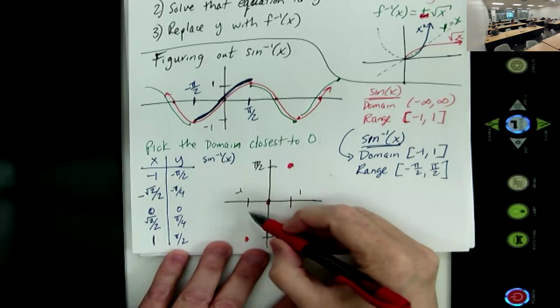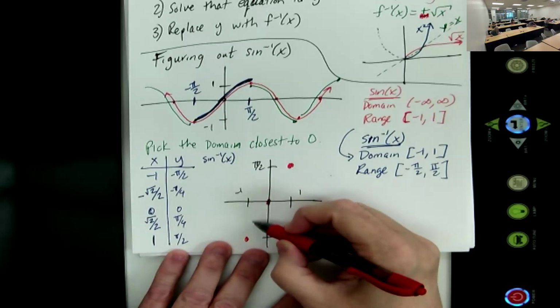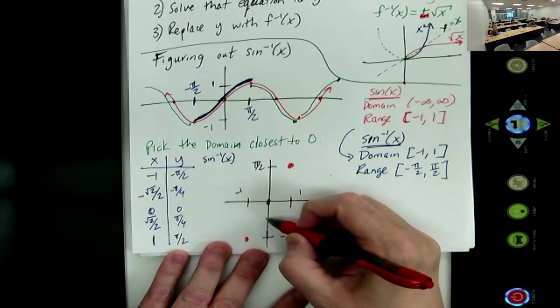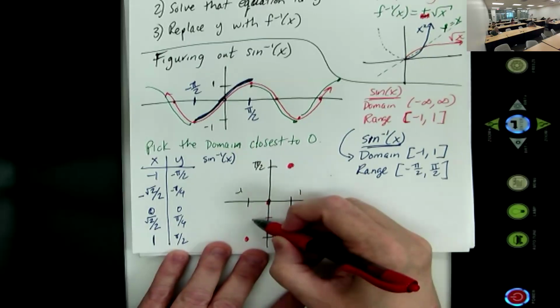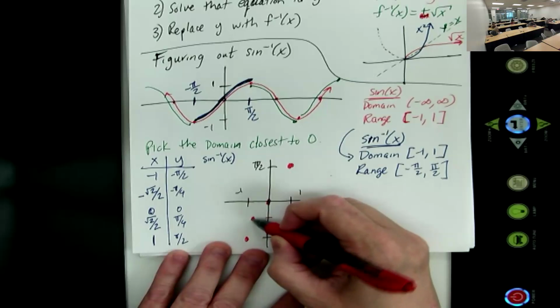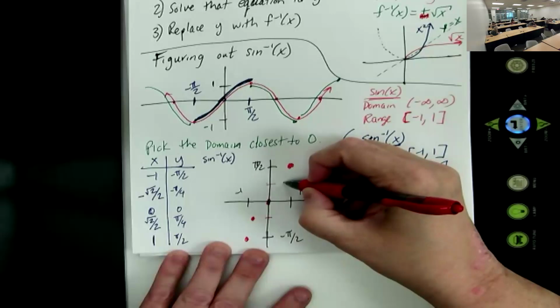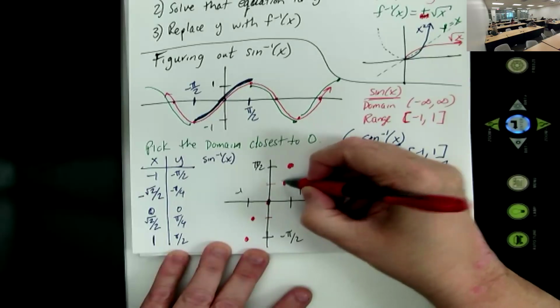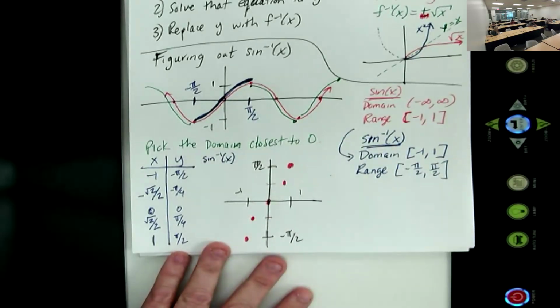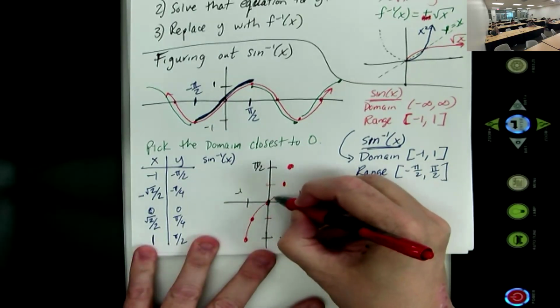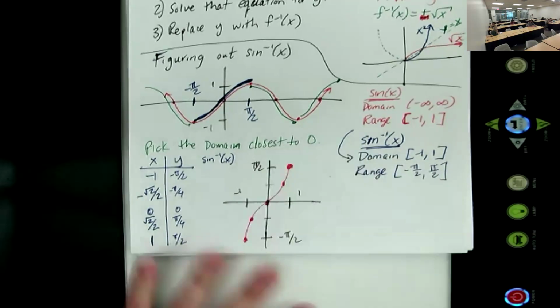So let's see, 0.7-ish, we can't go very far before we're halfway up. Negative pi over 4 has to be around like 0.7-ish. And going the other way, pi over 4 has to be closer to the 1 than the halfway mark. So we have something that looks a little bit like x cubed, but restricted.